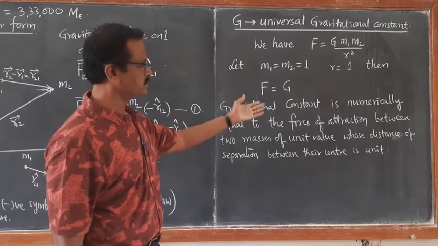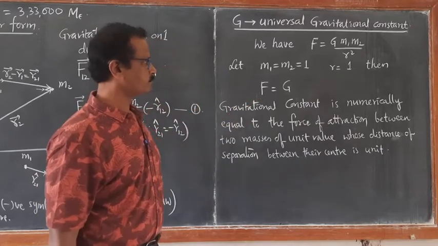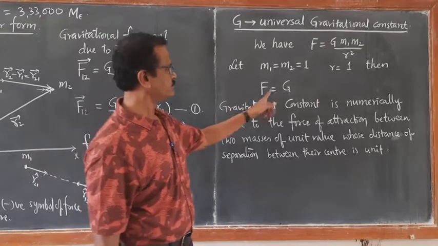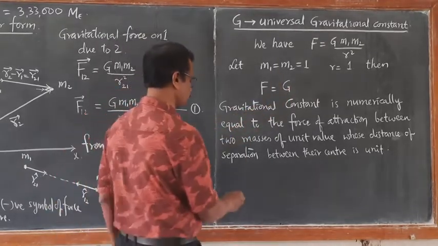So if it is expressed in meter, then we have to substitute F is equal to G. G is equal to F.